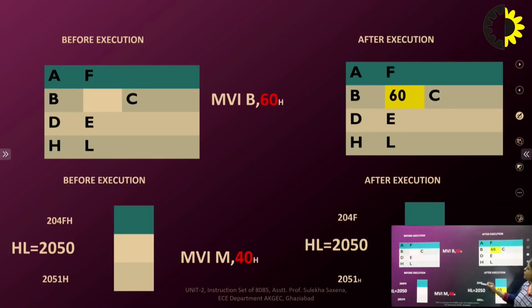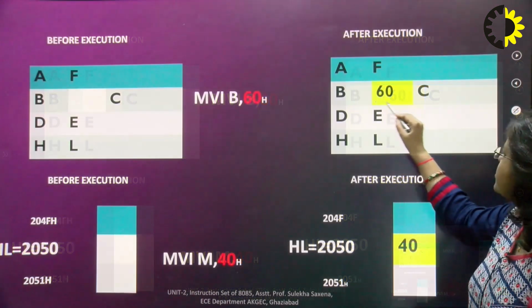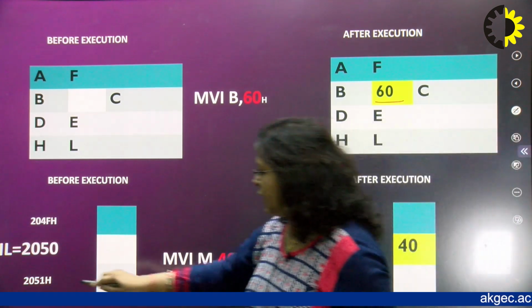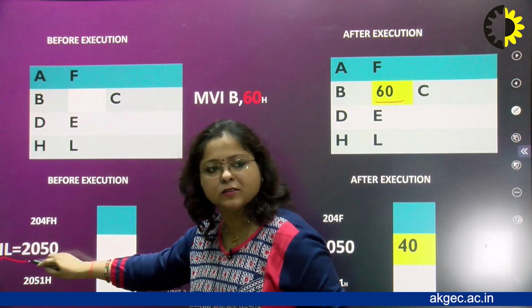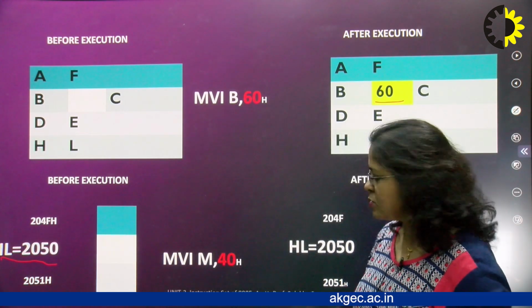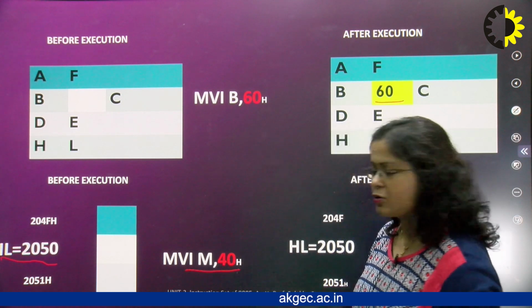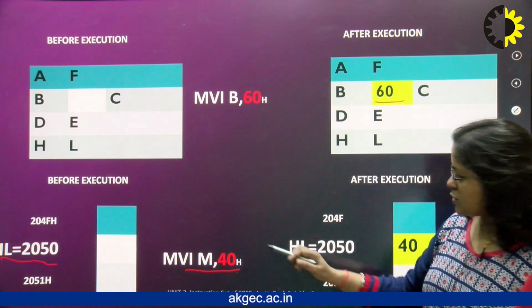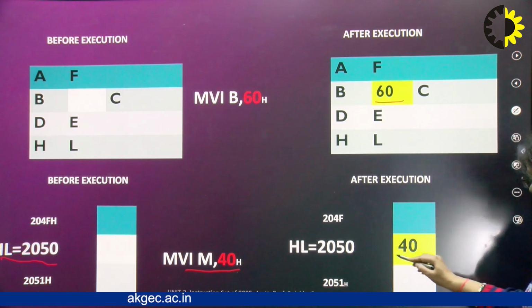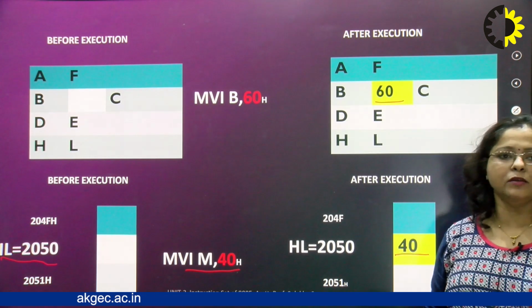For example, if MVI B 60, before execution B is blank, after execution 60 is copied to B register. In this case, HL value is given as 2050, that is memory address is 2050, MVI M comma 40, so after execution at 2050, 40 will be copied.